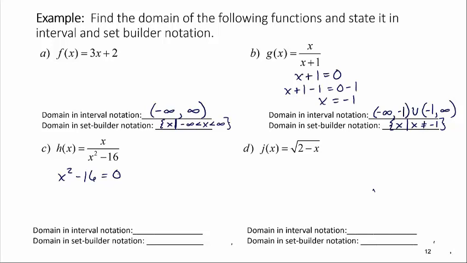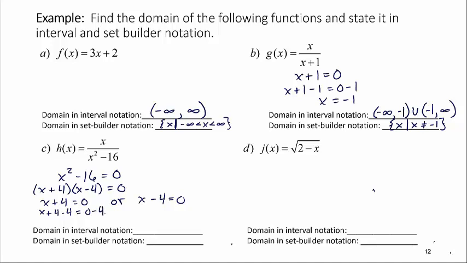You can also factor this, right, because it's the difference of squares. So we would have x plus 4 times x minus 4. I'm going to go the factoring route since I want to make sure that we review that. So that would mean that x plus 4 would equal 0, or x minus 4 equals 0. Okay, and then we would have to subtract 4 with this one, right?